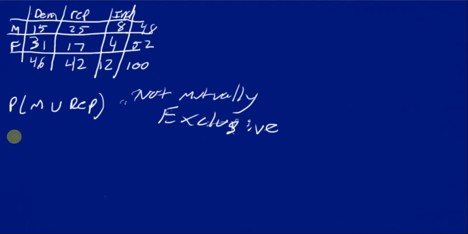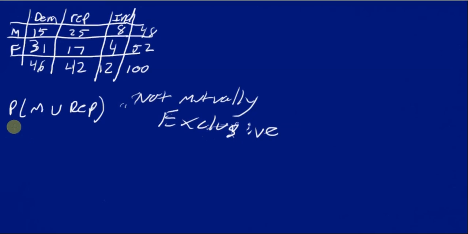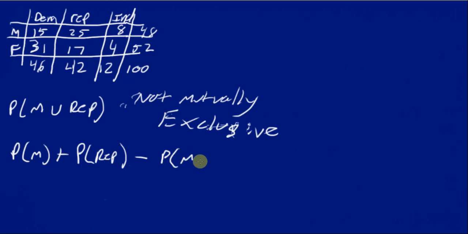So my addition rule is going to be the probability that I'm male plus the probability that I'm Republican, but subtract out, basically, you've got duplication of these two. So we've got to take out the probability that I'm male and that I'm Republican at the same time.